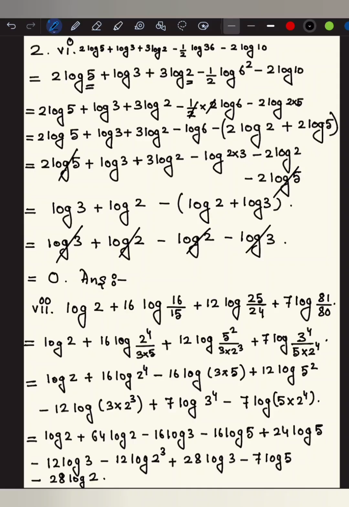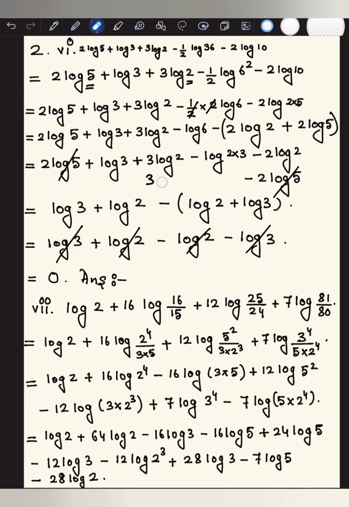so we can write it as log 3 plus, see this, this plus 3 log 2 and minus 2 log 2 comes out to be plus log 2, because let's consider this log 2 as a, so this is plus 3a and minus 2a, so it will be just a.